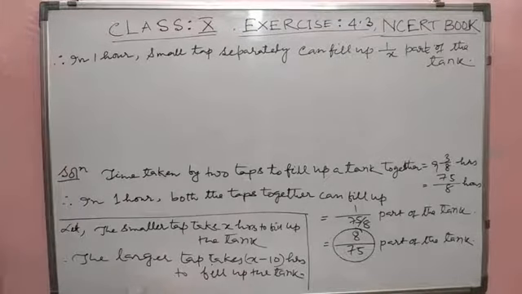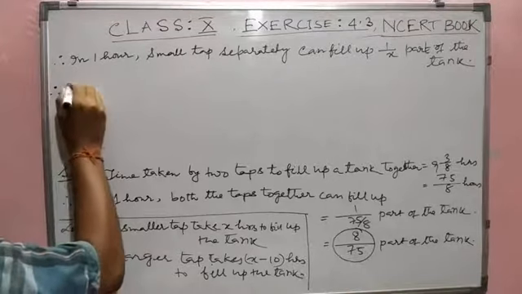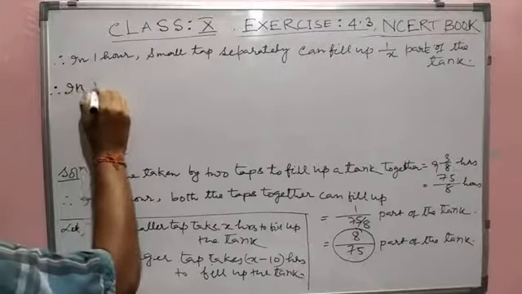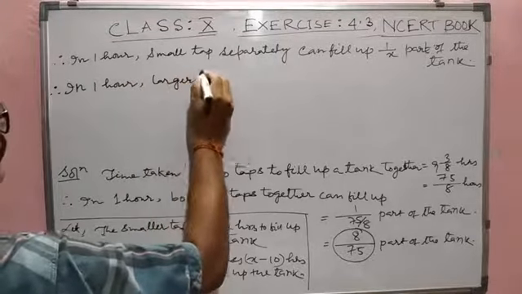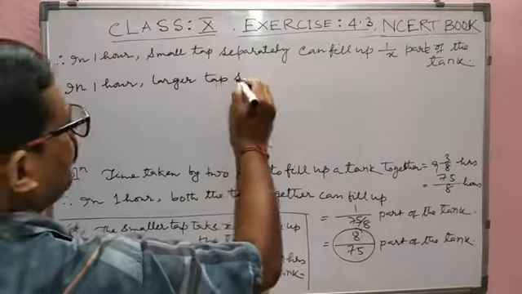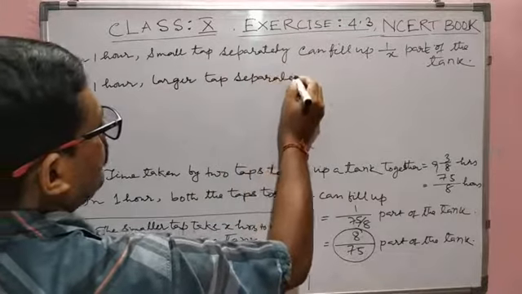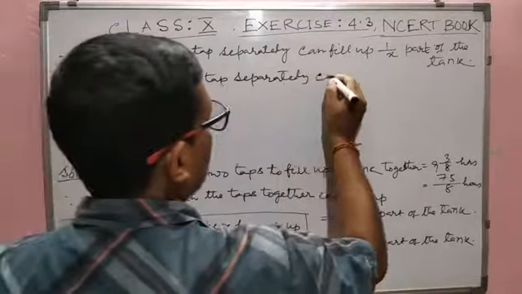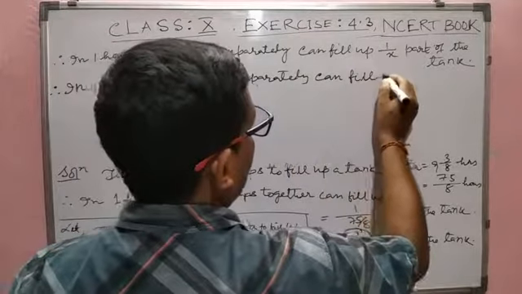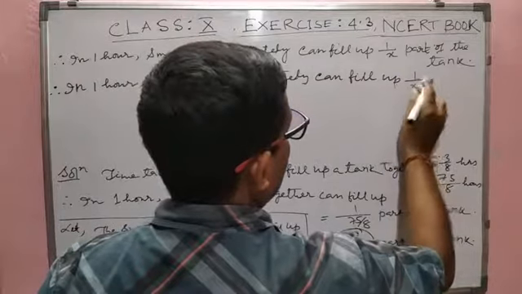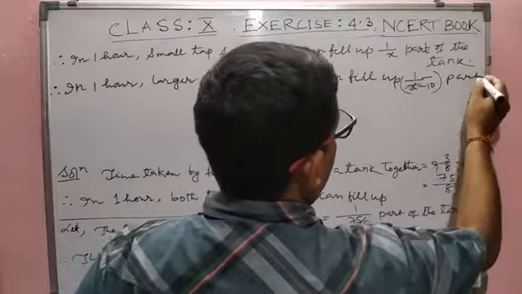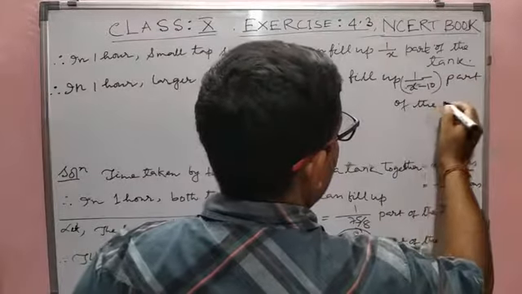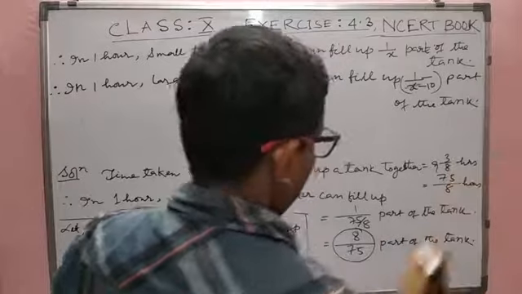So the larger tap can fill up in x minus 10 hours. Therefore in 1 hour the larger tap separately can fill up 1 by x minus 10 part of the tank.